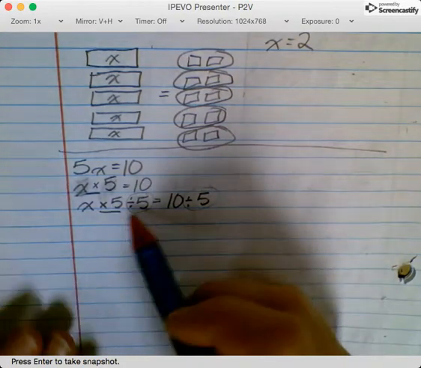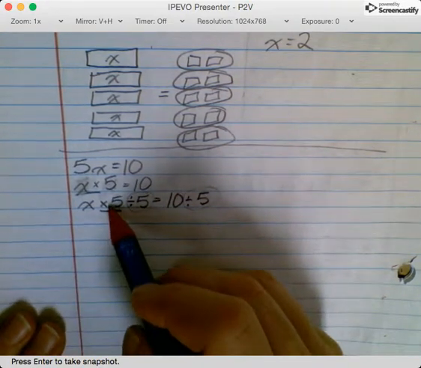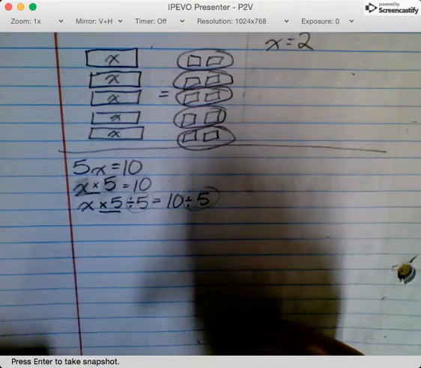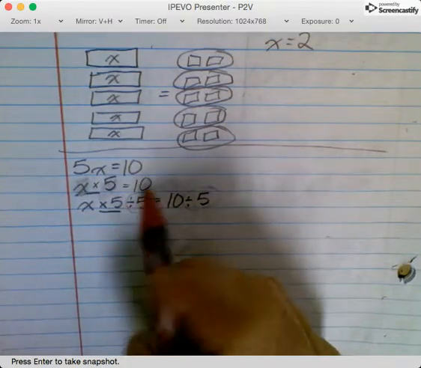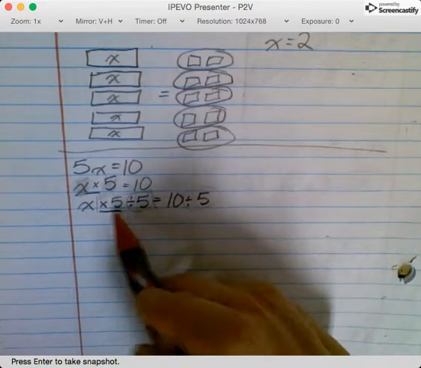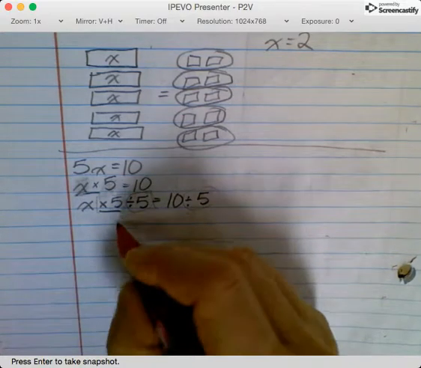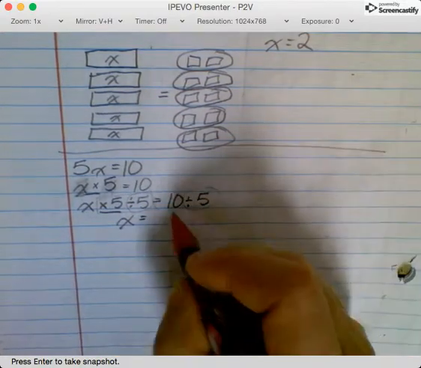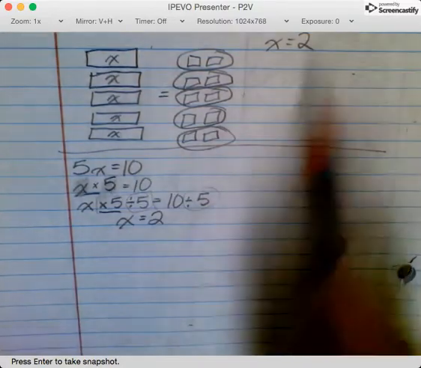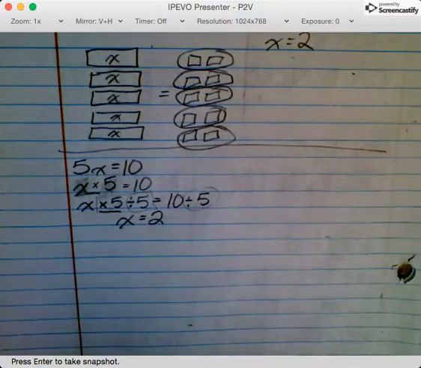The times 5 is not going to be repeated. It's already in the problem. So all I have to do is solve. The times and divided by 5 are going to cancel each other out, so you're left with x on one side. And then 10 divided by 5 is 2. So x equals 2, and that's exactly what we got up above.